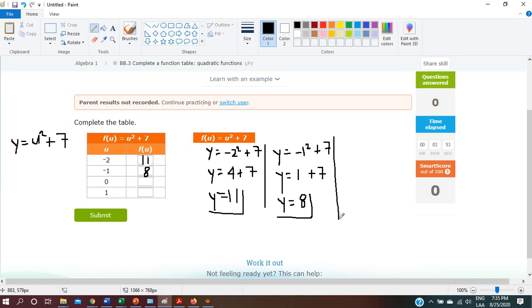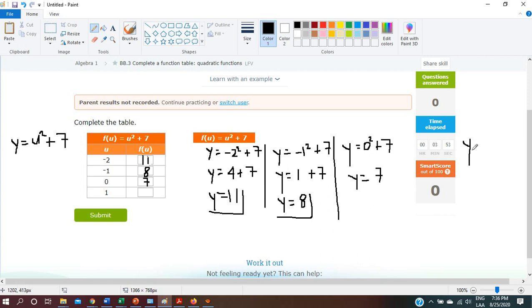Now, when u equals 0, how much is y? So y equals 0 squared plus 7. Okay, 0 squared is 0 because 0 times 0 equals 0, plus 7 is 7. So when u equals 0, y, or f of u, equals 7. Now the last one.